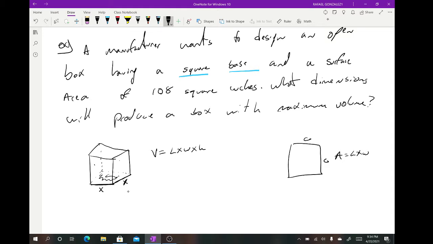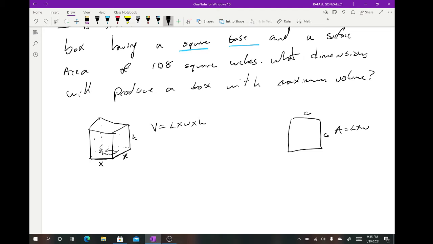Now, the height of the box is the one thing that we do not know what it could be. So the height of the box could be something that's not actually the same as x. It's not the same as the base, so we'll call it h for height. And how do we know this is the case?